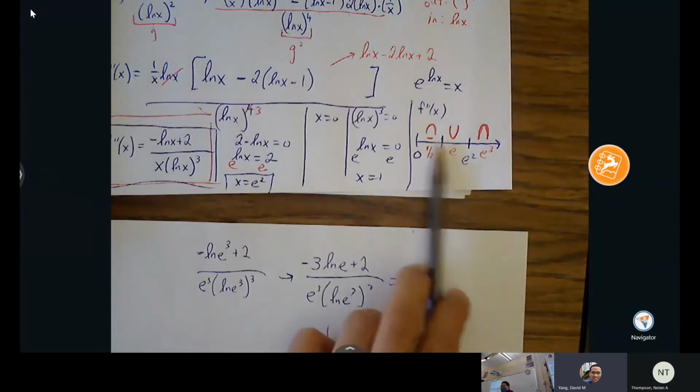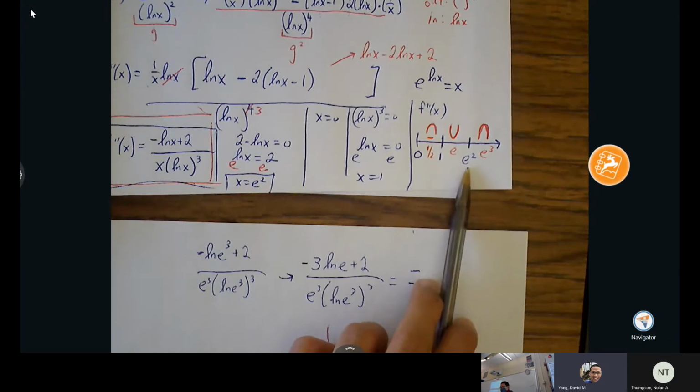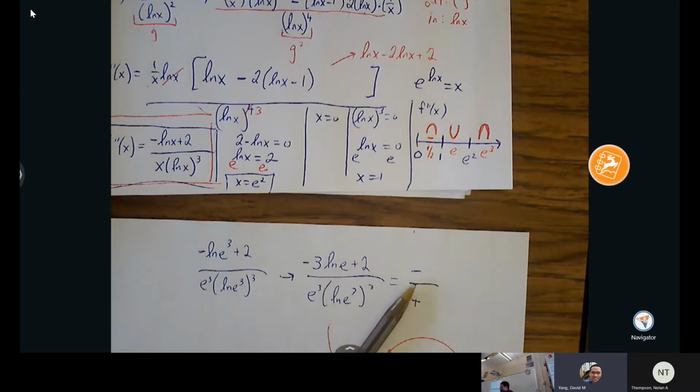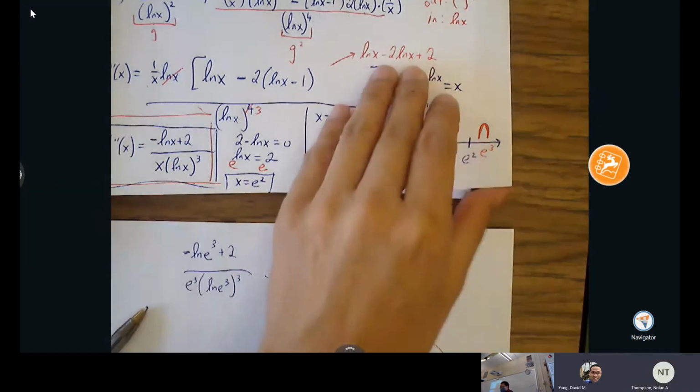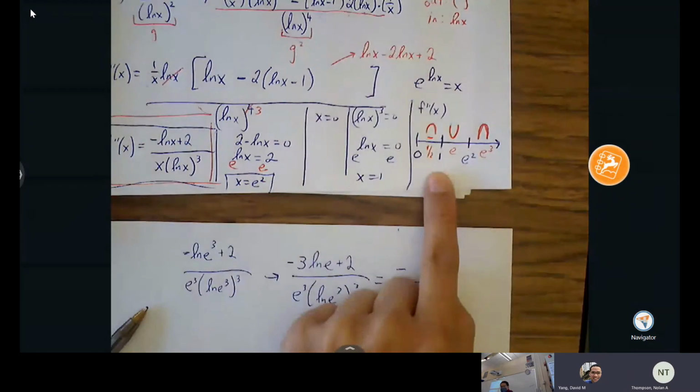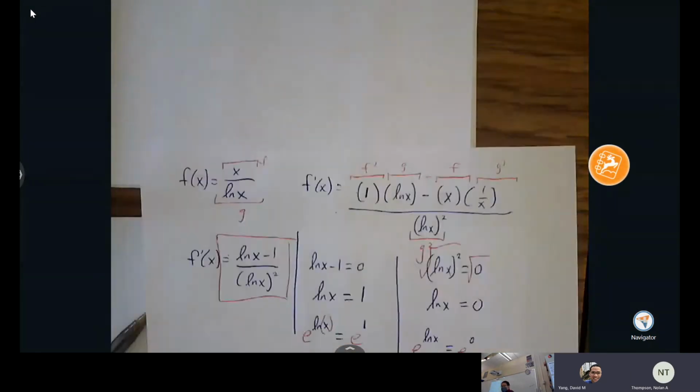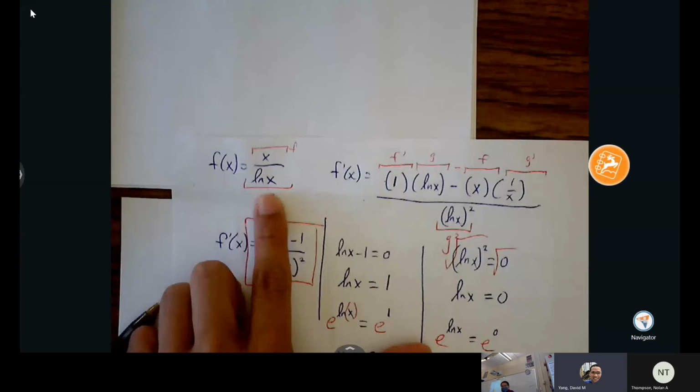There's a change in sign here, but we know 1 is a place where there's a vertical asymptote. So there's only a point of inflection at e squared. Wait, how do you know there's a vertical asymptote at 1? That's just something we gathered from the original problem here.